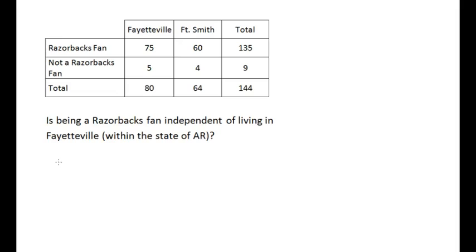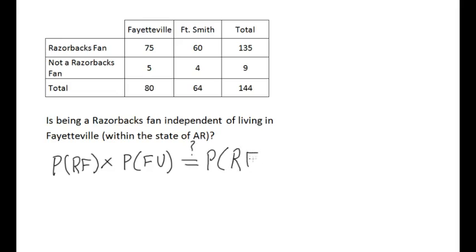We'll multiply the two events together, being a Razorback fan and living in Fayetteville, and see if that equals the intersection of being a Razorbacks fan and living in Fayetteville. So multiply the probability of being a Razorbacks fan times the probability of living in Fayetteville. And we want to see, is that equal to the probability of being a Razorbacks fan and living in Fayetteville.